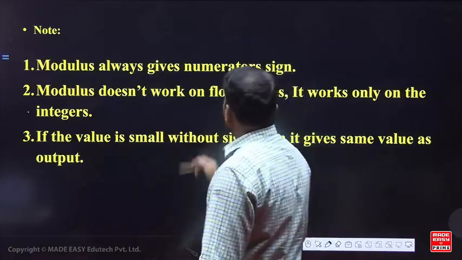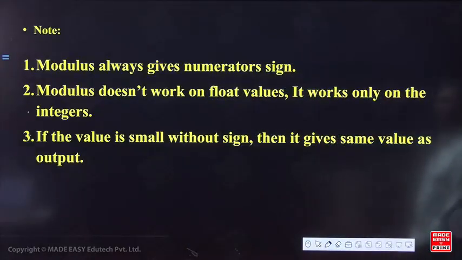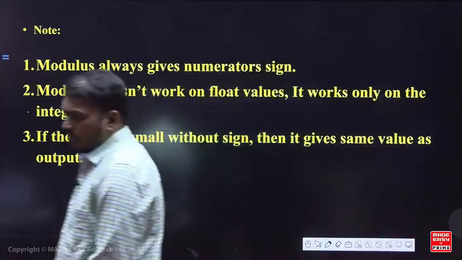Modulus always gives the numerator's sign, and modulus doesn't work on float values, it works only on integers. If the value is smaller without sign, then it gives the same value as the output. Okay, so just copy that.